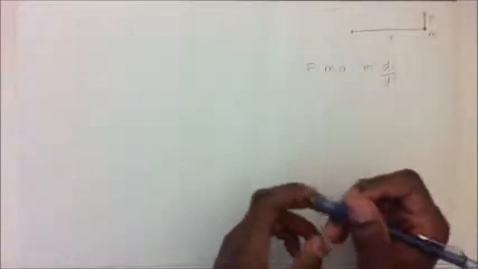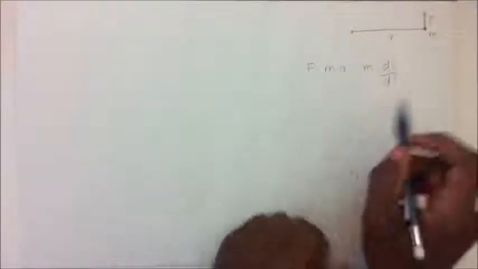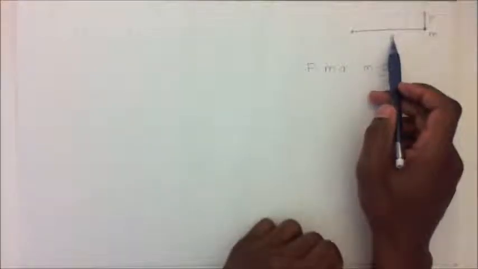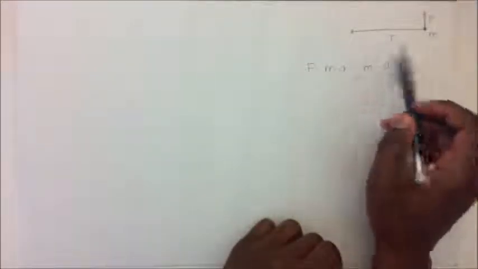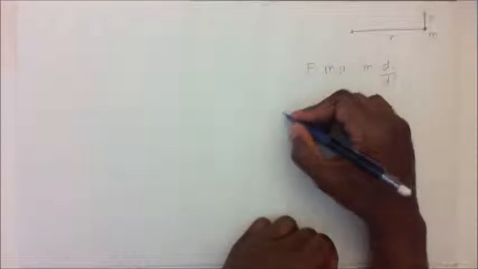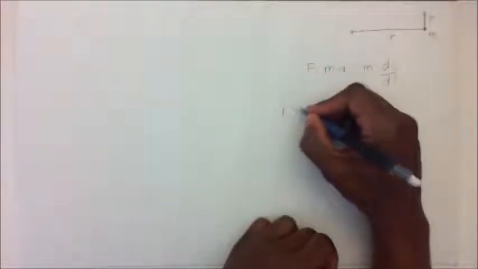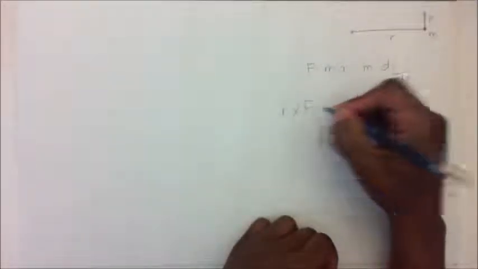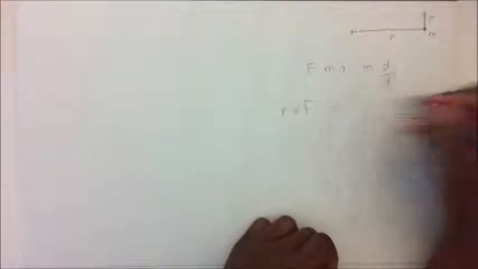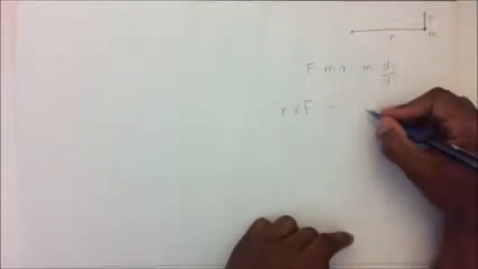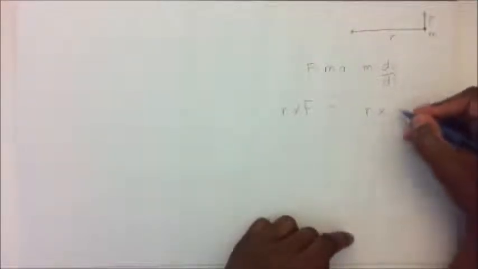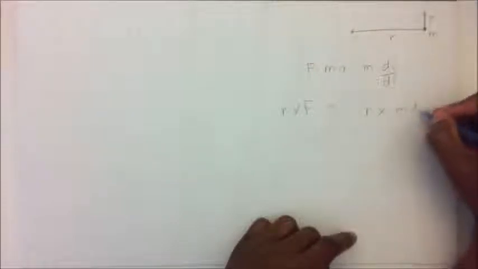Now, if I want to find the torque, I'm going to cross multiply that force by the lever arm. So I will say r cross F is equal to r cross m dV over dt.